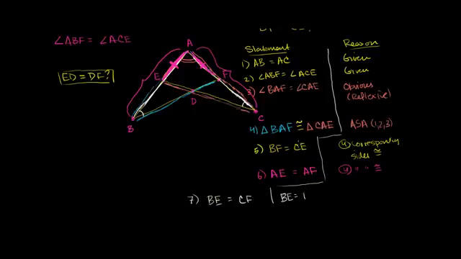So it's equal to AB minus AE, which is the same thing based on these last few things that we saw as saying AC minus AF, because AB is equal to AC, and AE we already showed is the same thing as AF. AC minus AF is the same thing as CF right over here.